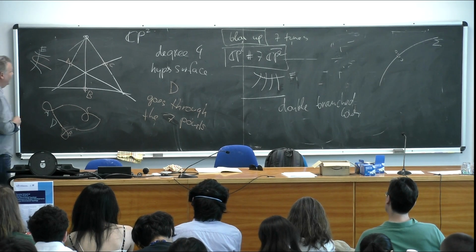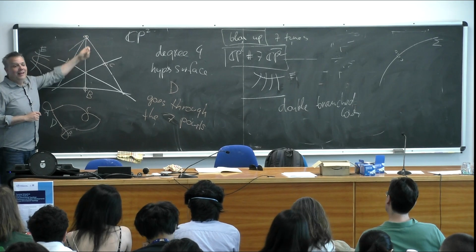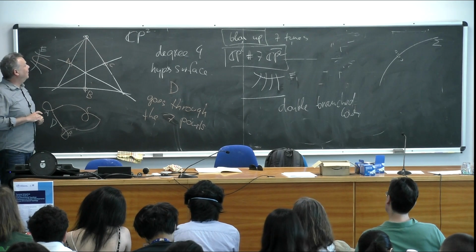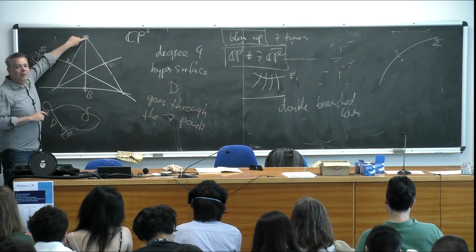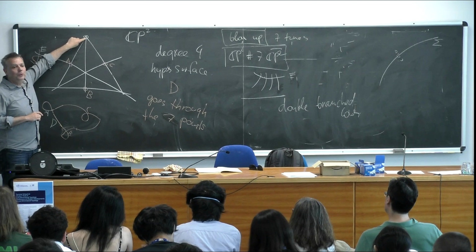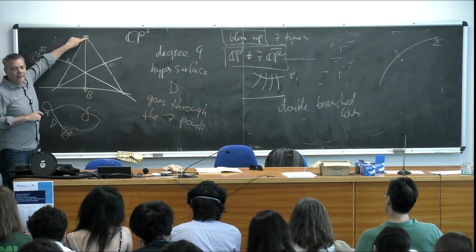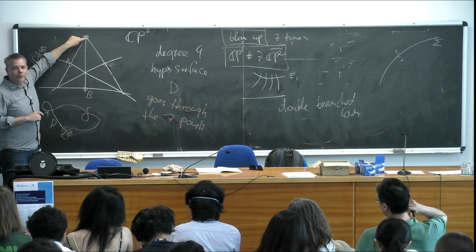I said that I especially like this point, and I do. What's nice about this point is that I can take this point, and even before I blow up, eventually I will blow up, but let's just think about what happens before I blow up and then do the branch cover. What happens in CP2? I have this point, right?